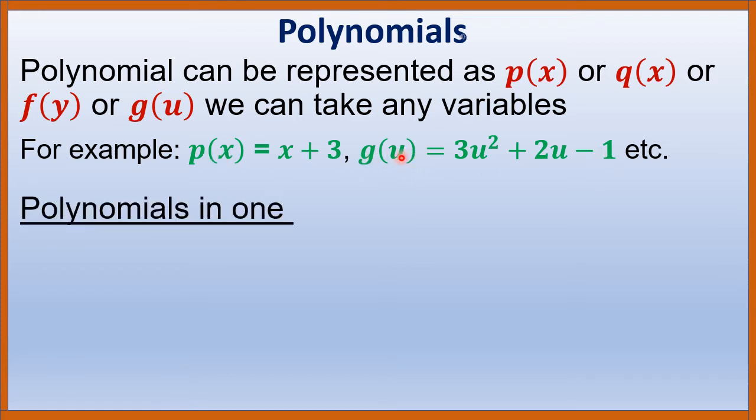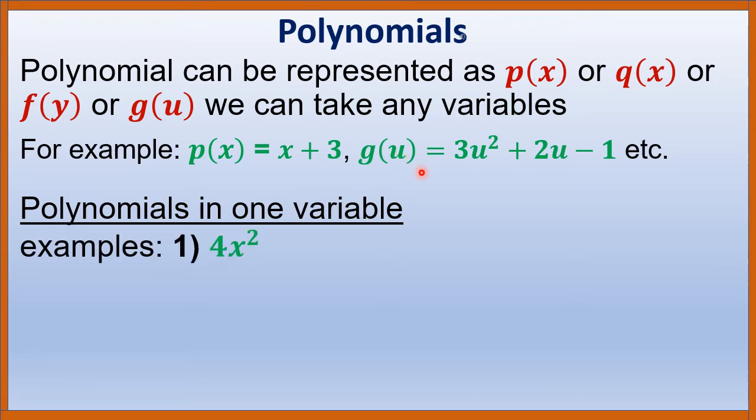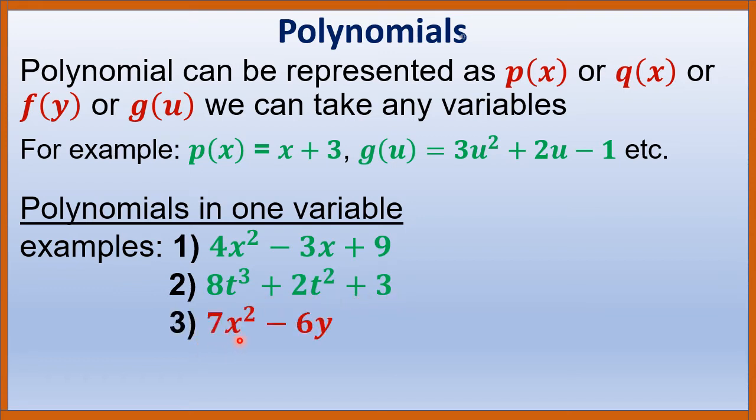Polynomials in one variable. Example: 4x square minus 3x plus 9. Second example: 8t cube plus 2t square plus 3. These expressions are polynomials because the powers of variables are whole numbers. In example 1, we used only one variable, that is x.